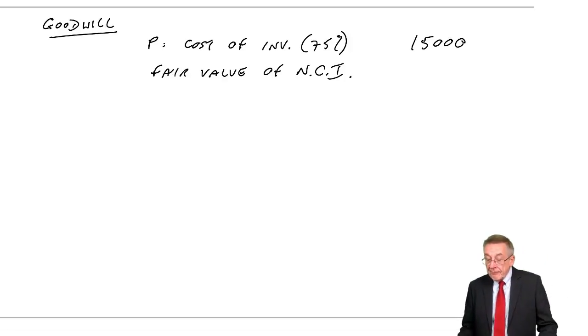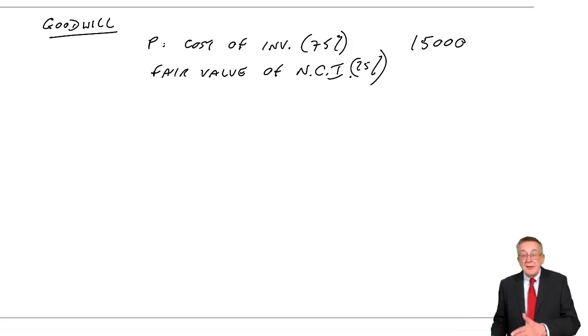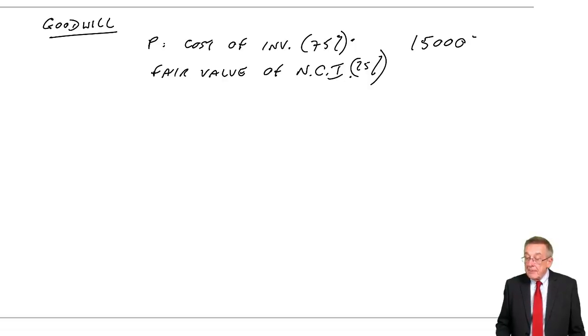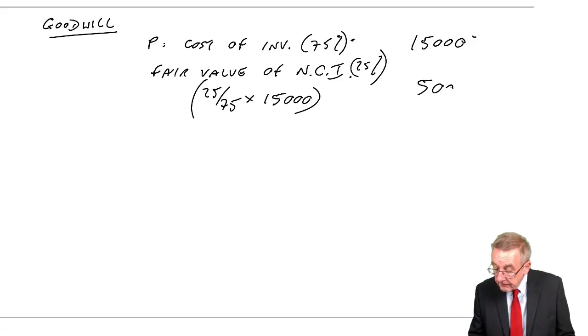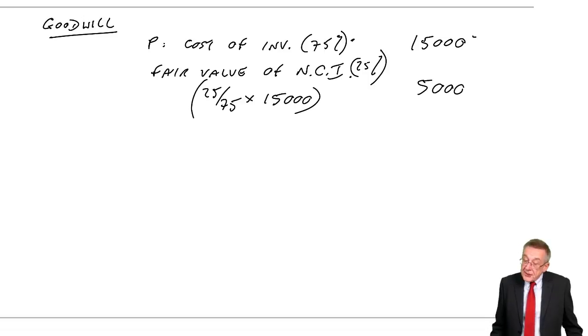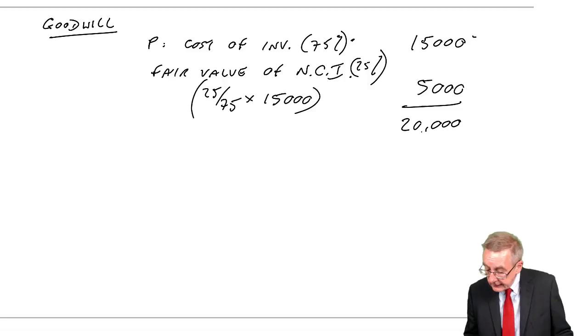Here we're not, in which case we say, well, if 75% was worth 15,000, 25% will be 25/75 of 15,000, which is 5,000. And that actually makes sense because it was bought on incorporation. You wouldn't expect it to be worth more. So the value is 20,000.